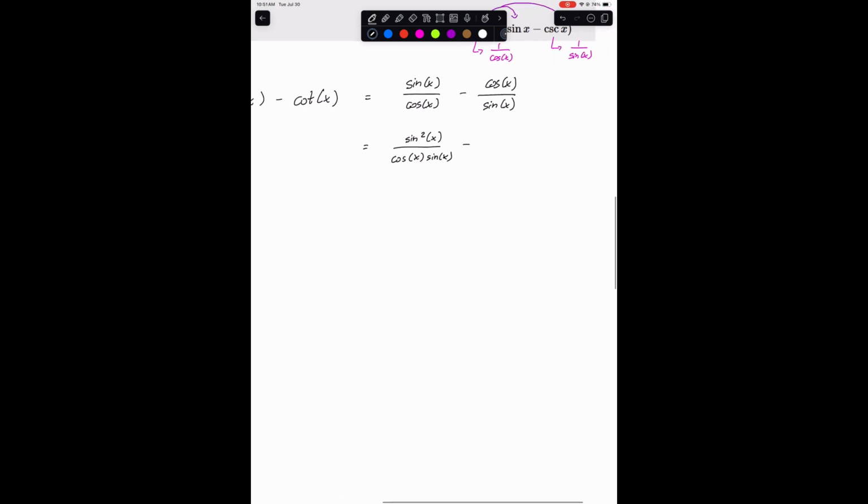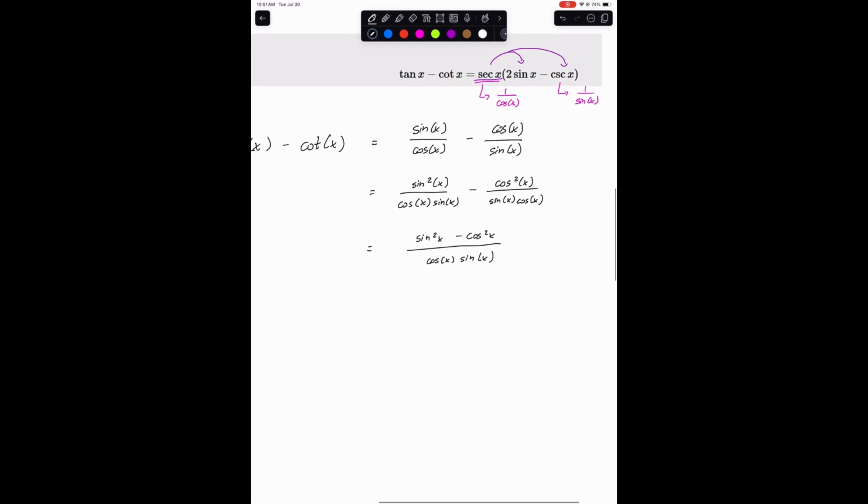For my right side fraction, I will multiply both top and bottom by cosine. So I have cosine squared x on top, since I have two of them, and then sine x cosine x on bottom. I can combine these now into sine squared x minus cosine squared x over cosine x sine x.